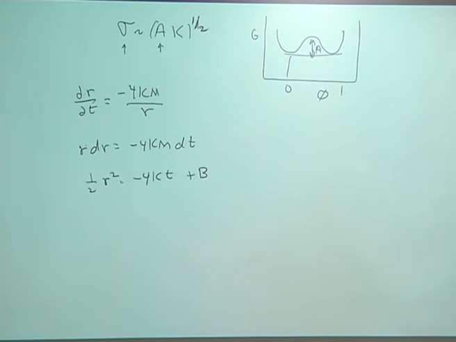Let r be equal to some radius at t equal to 0. We're going to do exactly this shrinking experiment. We start off at some initial radius, and we end up with a law that looks like r squared minus r0 squared equal to minus 8kmt.